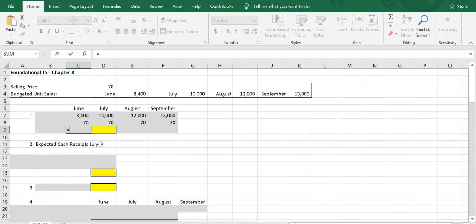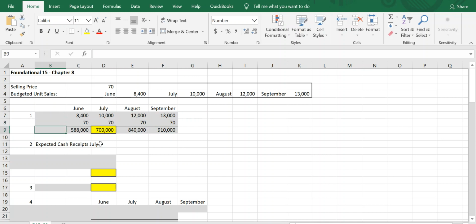The sales in dollars is going to be 70 times 8,400 for June, 70 times 10,000 for July, 70 times 12,000 for August, and 70 times 13,000 for September. These grayed out areas on this template are to be calculated, and you want to fill this in. The answer they're asking for in number one is here in the yellow square.